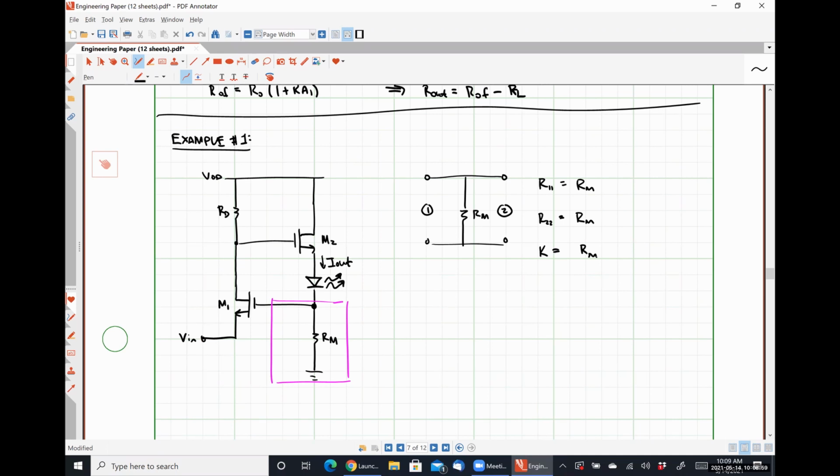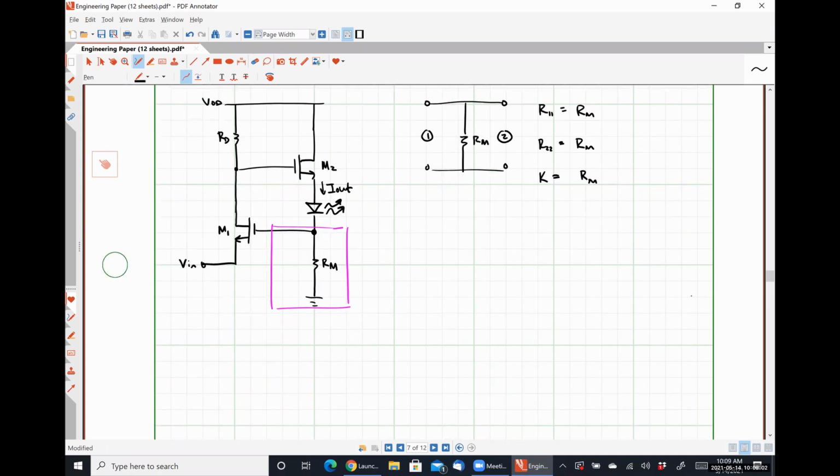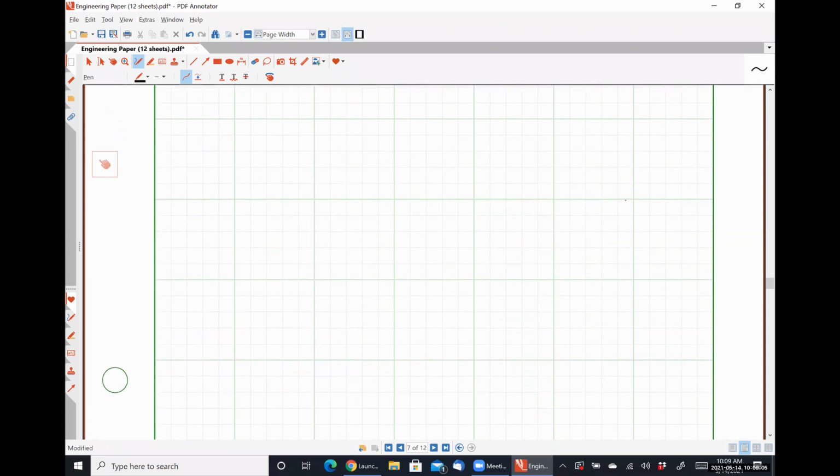All right, so now that we have that detailed, let's take a look at our open loop circuit. So our open loop circuit should look something like this. Here we have our resistor R sub D. Here's where our input voltage is applied.